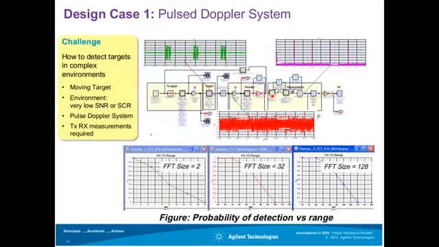We have to go to the pulse Doppler signal processing and analyze the signal return in frequency domain, using signal processing to extract the return target and do the detection. We got the detection performance here. You can plot and find out the performance.